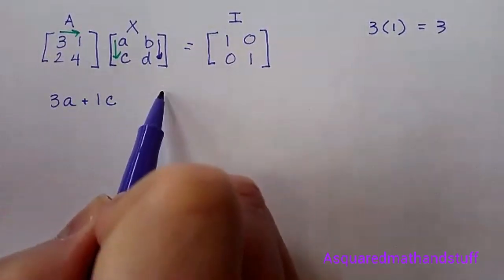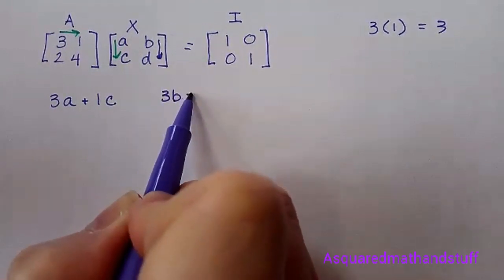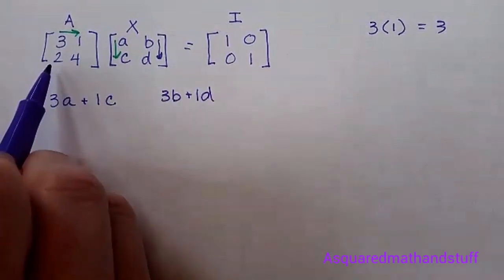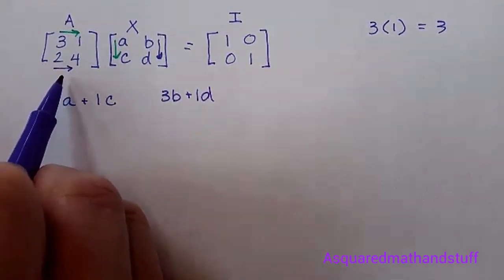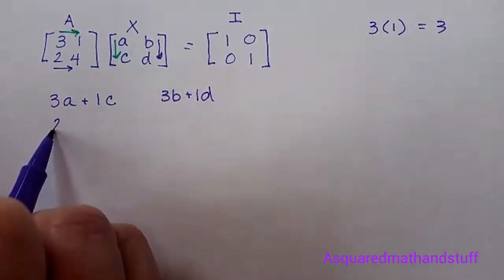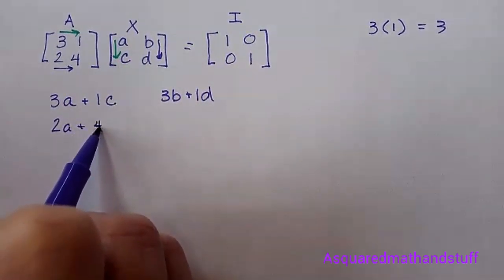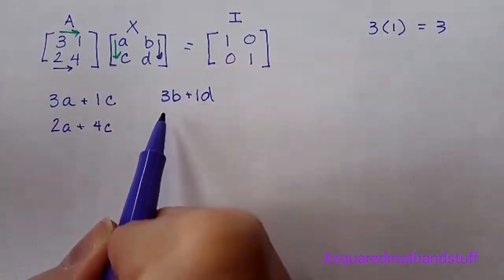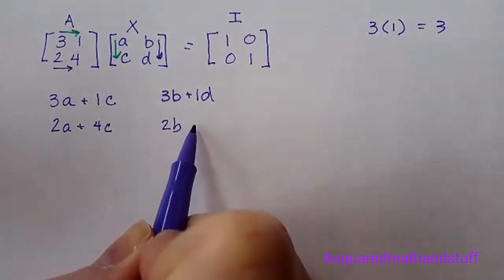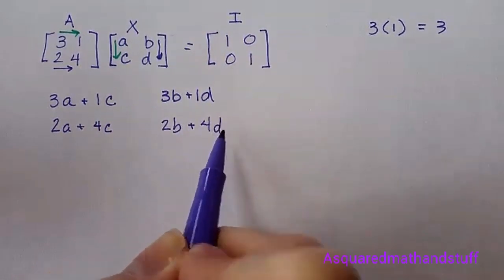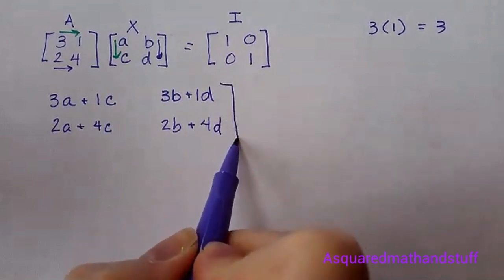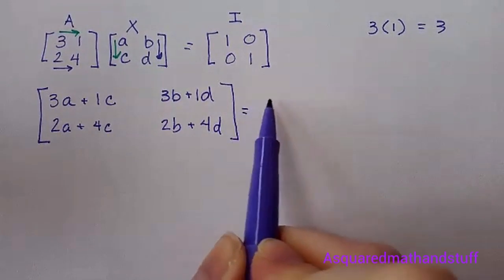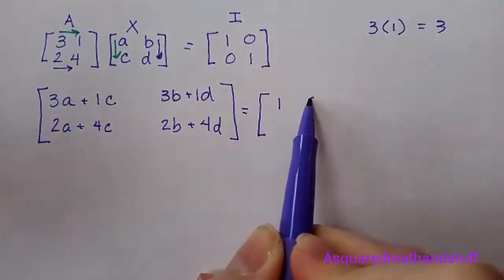So in row 1, column 2, we'll have 3b plus 1d. And then let's go across row 2, down column 1, we end up with 2a plus 4c. And then finally across row 2, down column 2, we have 2b plus 4d. This is a matrix because we just multiplied these together, and we need to have this equal to our identity matrix.